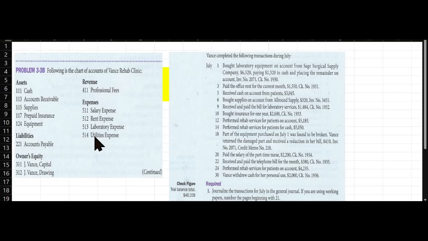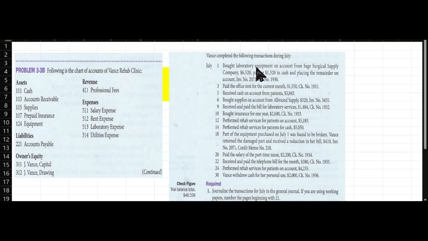So you can tell just by looking at that first digit where the account belongs. But that's just one convention that could be used. There are so many sophisticated ways of numbering your accounts in your chart of accounts.